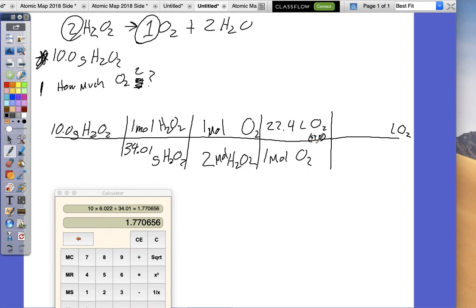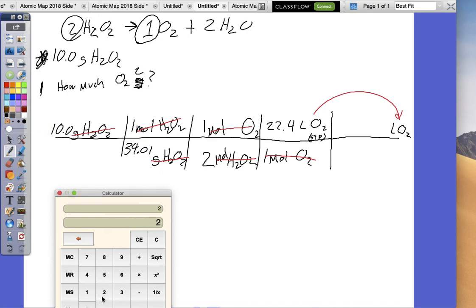Okay. All right. So here we go. Ready? Now can we slash and math? Cool. So we got grams H2O2, grams H2O2. 1 mole here, 1 mole here, and that's what's left. That's awesome. It's gonna go over here. Now we can math. So ready to math it? 10 times 22.4 is what? It's 224, right?